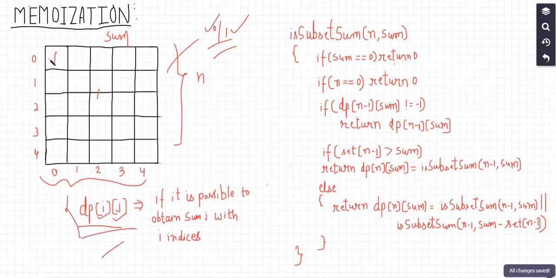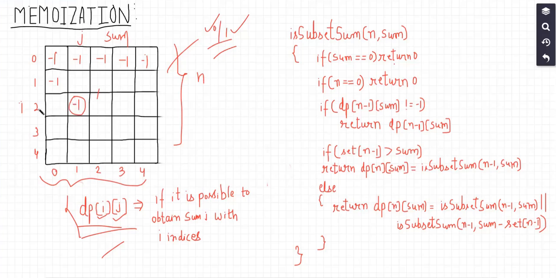Initially the dp array contains -1. Why? Because this is to check whether the computations for a particular set of i and j have been performed or not.